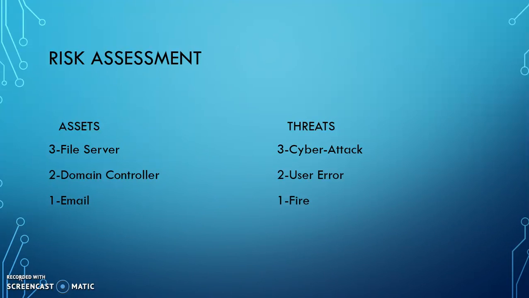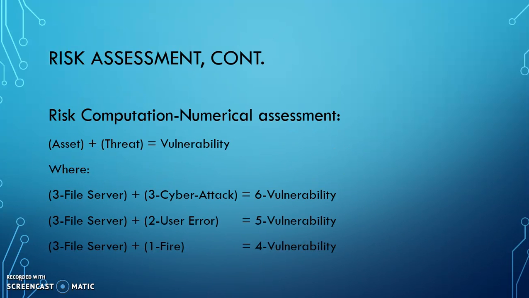The risk assessment is a computational assessment based on a point system. Most valuable assets are ranked from 3 to 1, and most likely threats are ranked from 3 to 1, and the scores are added using a matrix. Applicable threats are added to each asset based on the numbering system assigned. These sums are then used to create a vulnerability sum for each asset.